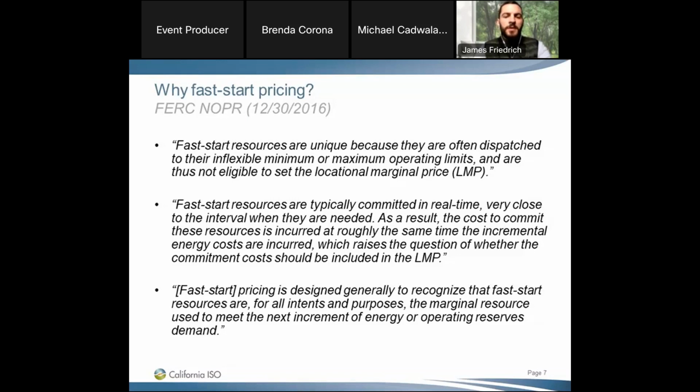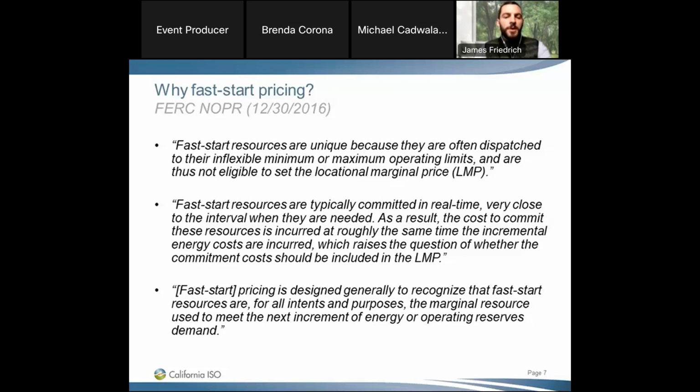The second bullet explains the concept of commitment costs included within the price. The argument that FERC and others made is that, because fast start resources are typically committed in real time close to the interval when they're actually needed to produce energy, the cost to commit these units is incurred roughly at the same time as the incremental costs, so arguably those commitment costs should be included within the LMP.